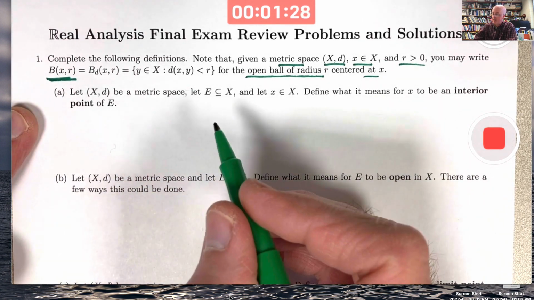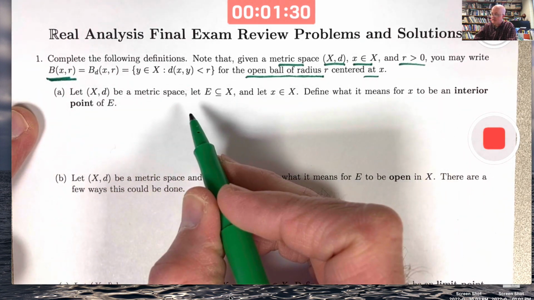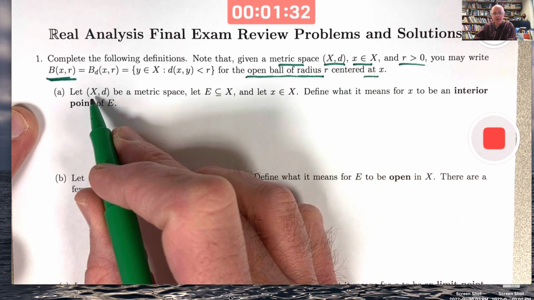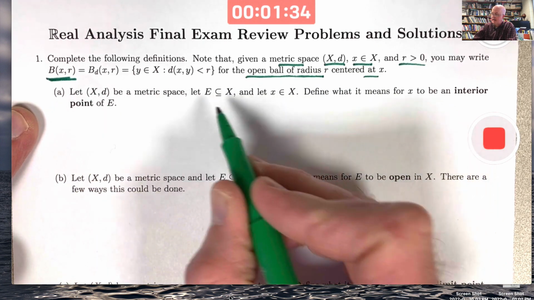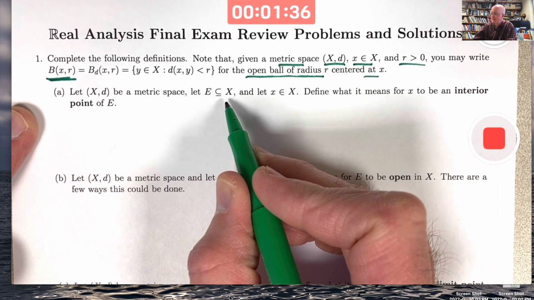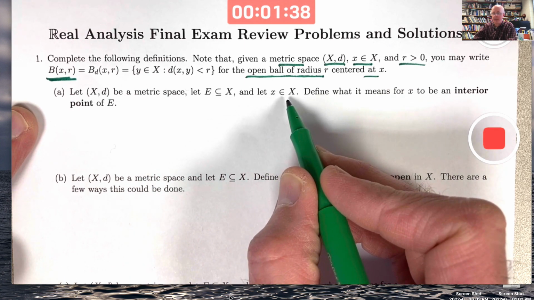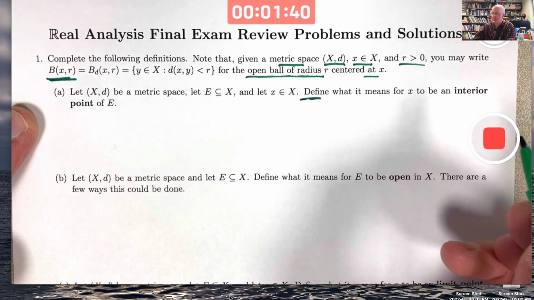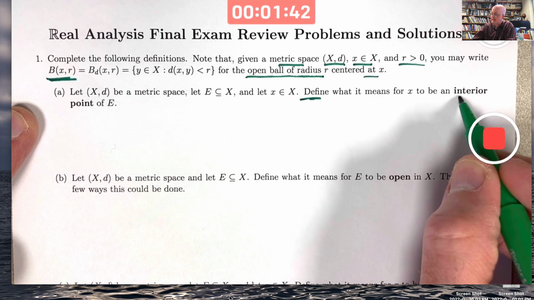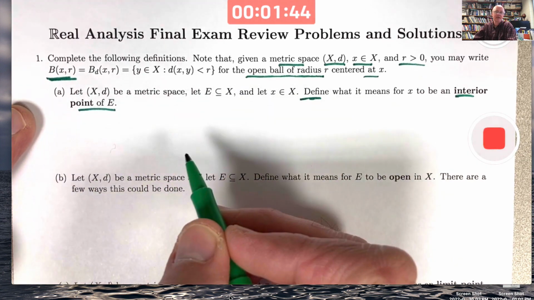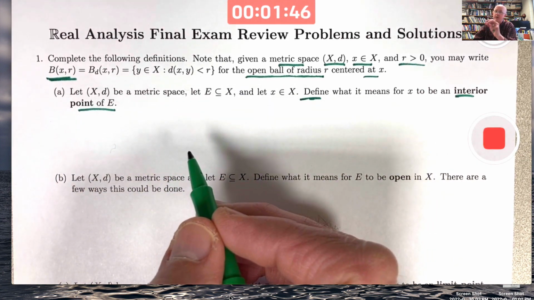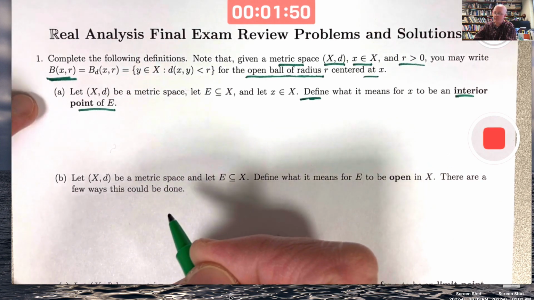Part A says, again, let (X, d) be a metric space, so that is again a non-empty set equipped with the metric d. Let E be a subset of X, and let little x be an element of capital X. Define, this is a definition, what it means for x to be an interior point of E. Here's the intuition. I do want to draw some pictures, but you need to also be able to give these definitions without pictures.